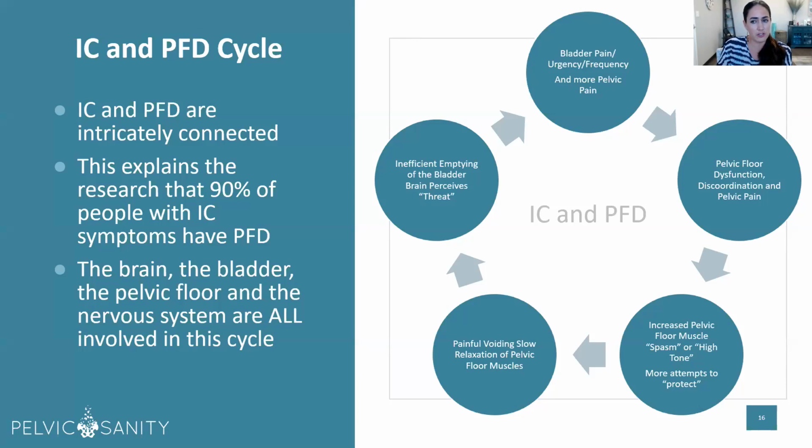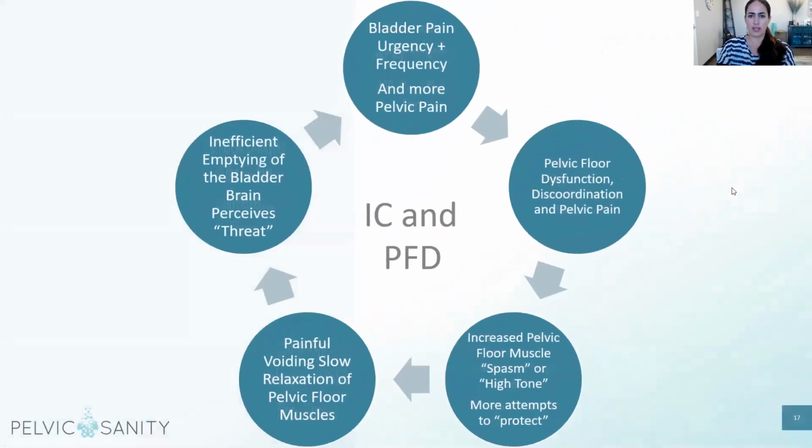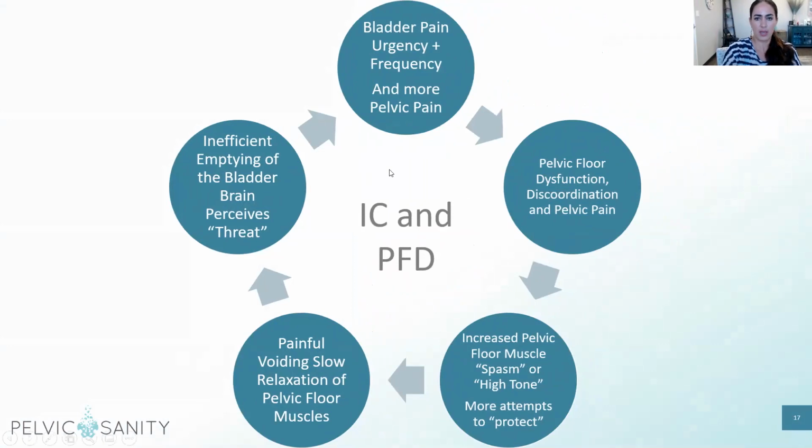For 90% of people, the answer is yes. So the brain, the bladder, the pelvic floor, and the nervous system are all involved in this cycle. It is extremely important to understand this cycle and start to identify where you may have entered it. So as we move forward, I'm going to make it a little bit bigger.